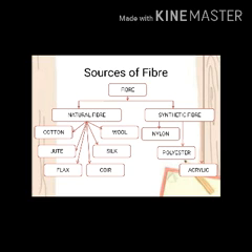The sources of fiber may be natural fiber or synthetic fiber. Natural fiber we can obtain from nature, whereas synthetic fiber we can obtain in a chemical laboratory through a chemical process, right? And these are examples of natural fiber and synthetic fiber.